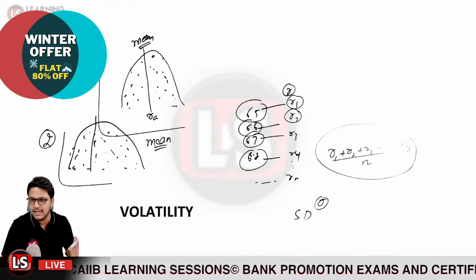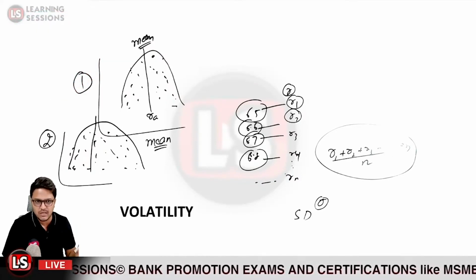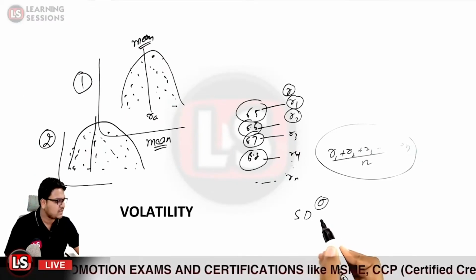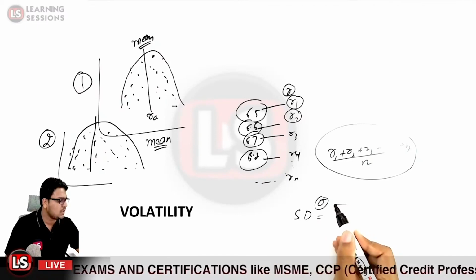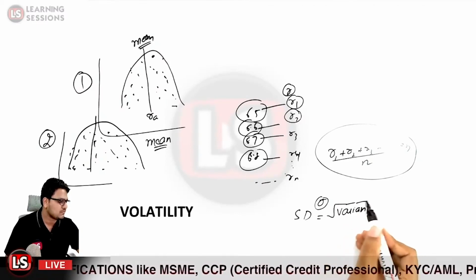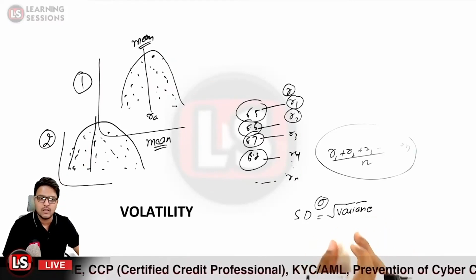In simple layman language, we can say that the deviation is from the mean value. And standard deviation mathematically is equal to the square root of variance.